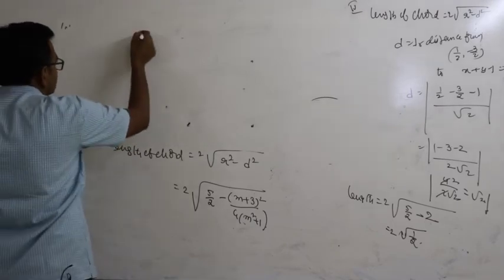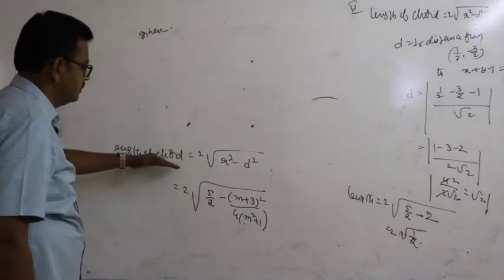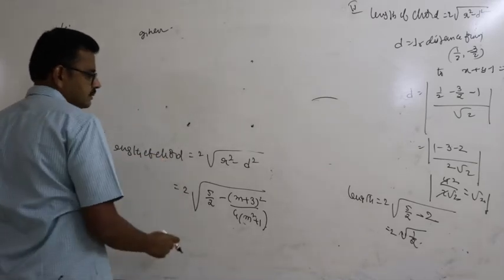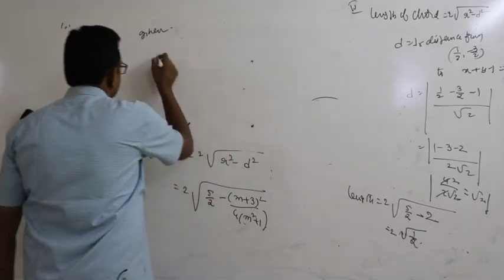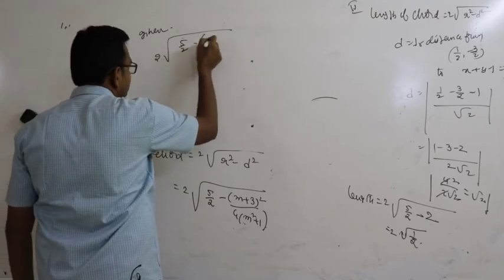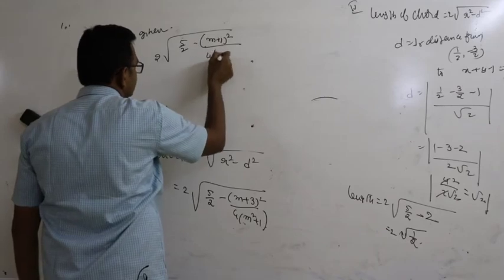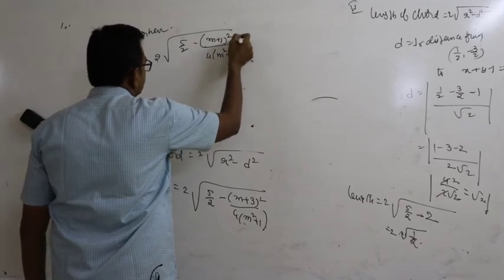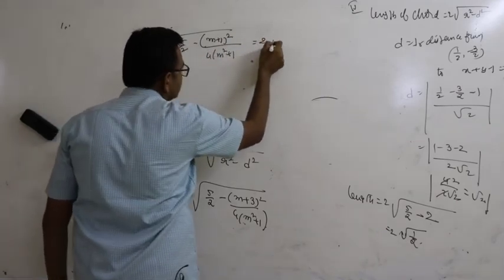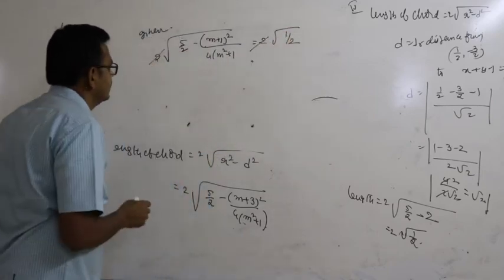Given the lengths are equal, that is 2 into root of 5 by 2 minus of m plus 1 whole square by 4 into m square plus 1 is equal to 2 into root of 1 by 2. So these get cancelled, squaring on both sides.